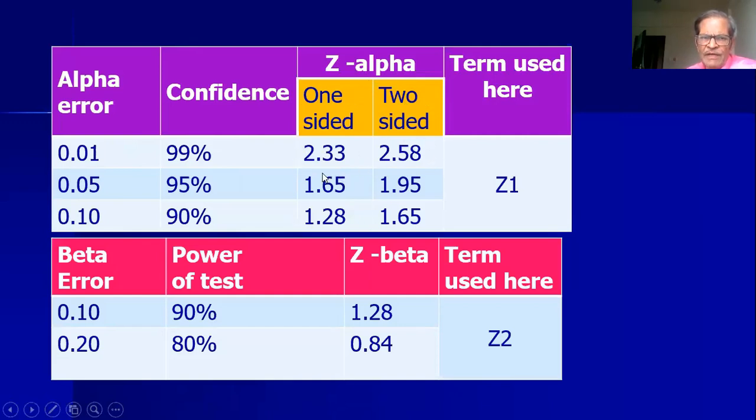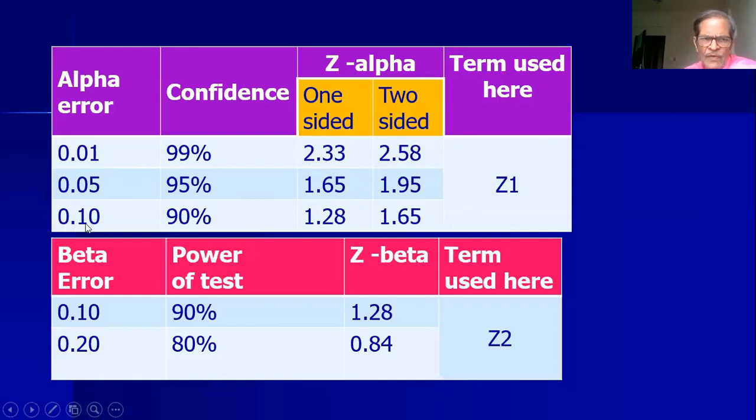So for a one-sided test and alpha error of 0.01, the Z alpha or Z1, which will be utilized in this presentation, will be 2.33, and for a two-sided test, it will be 2.58. This is the commonly accepted level of alpha error, that is 0.05, and the confidence is 95%. So for a one-sided test, Z alpha is 1.65, and for a two-sided test, it is 1.95.